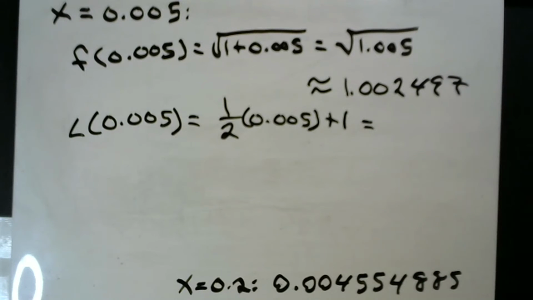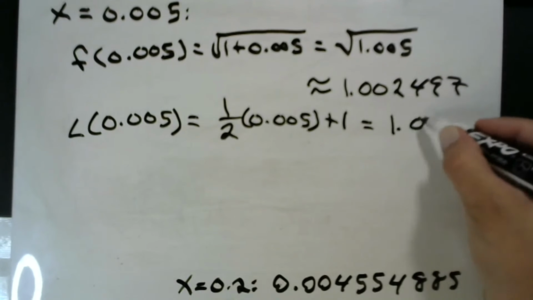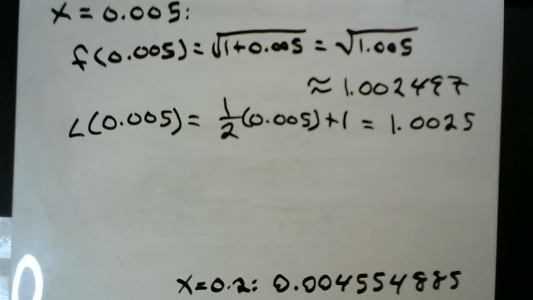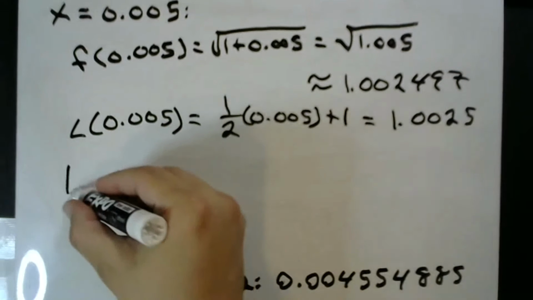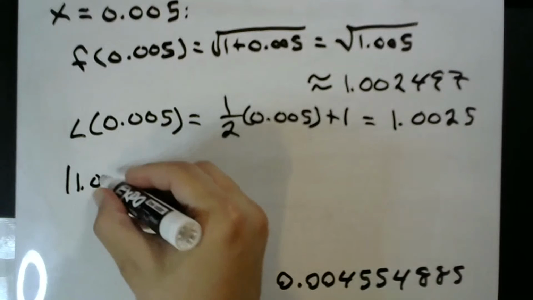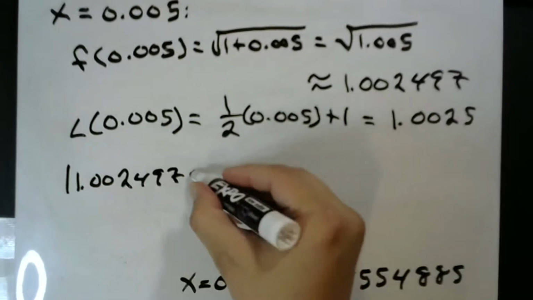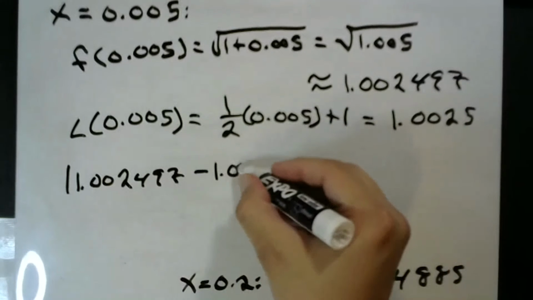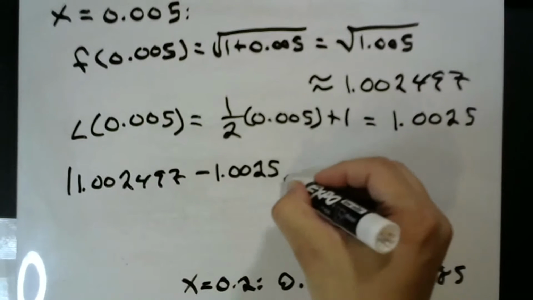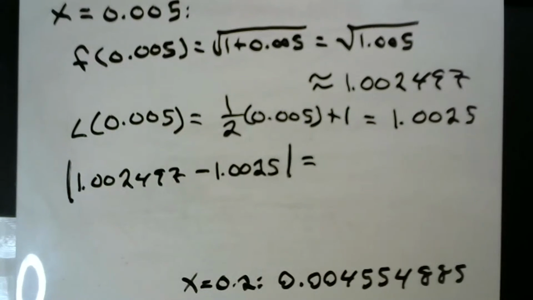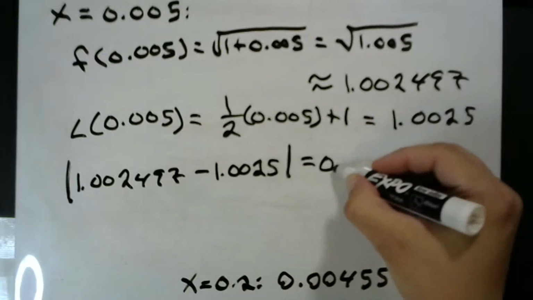And when we calculate this, we're going to get this. So now if we take a look at the difference, or the magnitude of the difference, taking the absolute value of this difference, what we're going to get is a very small number.